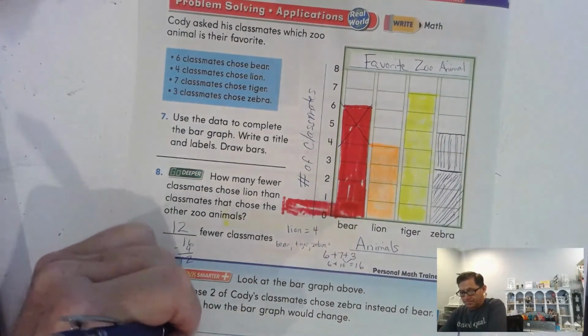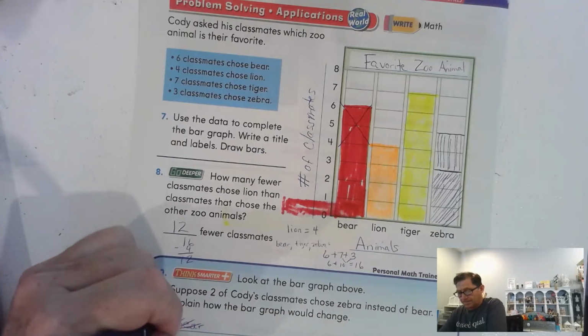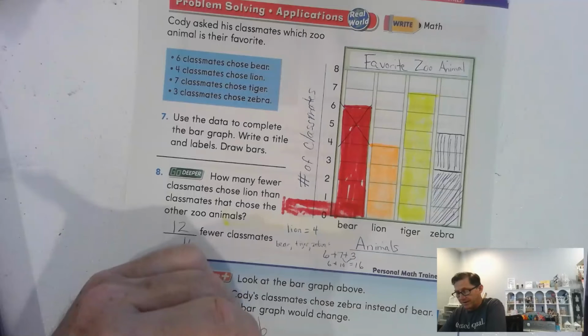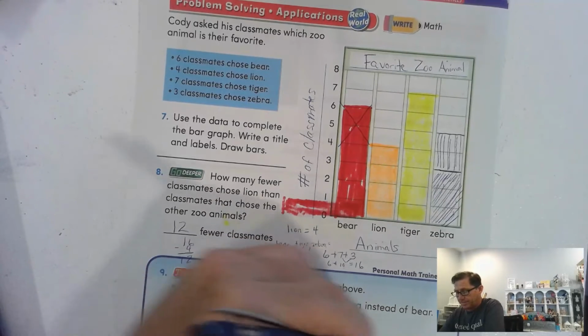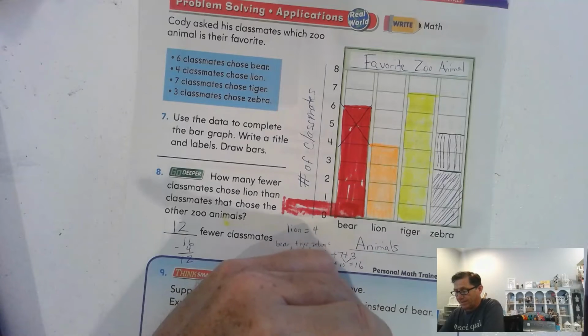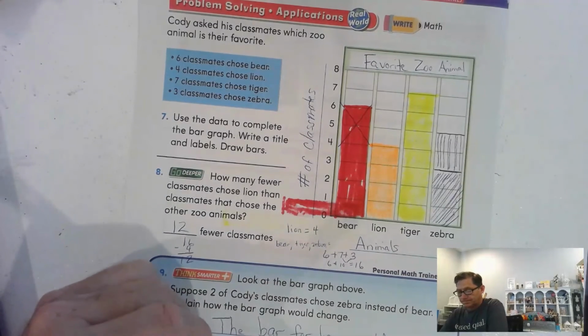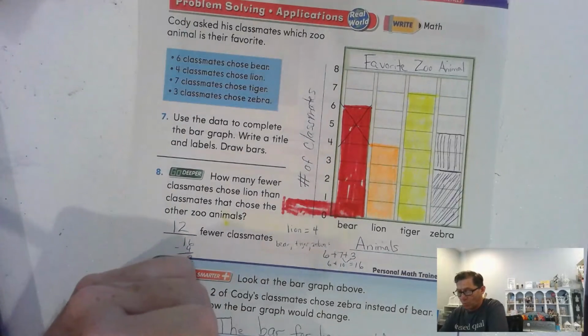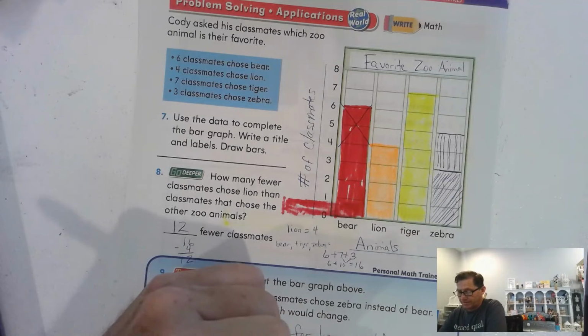Well, the bar for bear would now end at what? Would now end at 4, while the bar for zebra ends where?